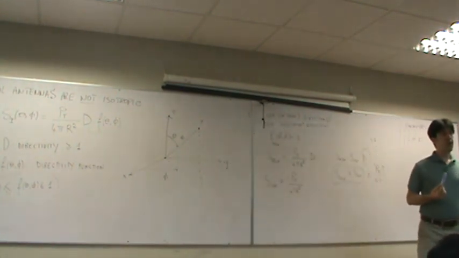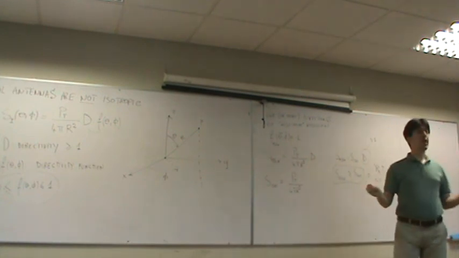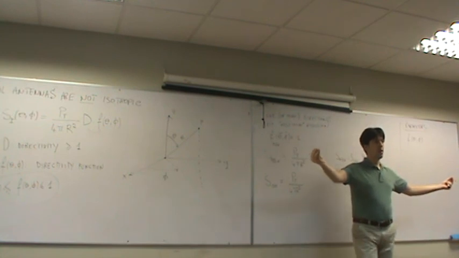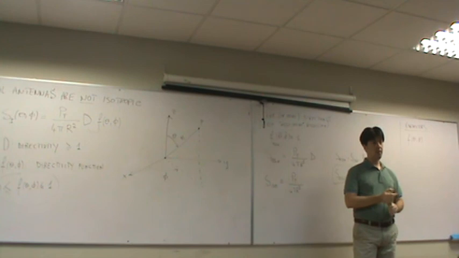Let me be more precise. If you want to set up a broadcasting station, an FM and TV station, maybe you want to cover all the users around you. Then you need an omnidirectional antenna. Omnidirectional is not isotropic. Omnidirectional, I will show you, means that it radiates in the same way on the horizontal plane, on the azimuthal plane. If you want to set up a microwave link from point A to point B, you may want a directive antenna to reduce the interference.